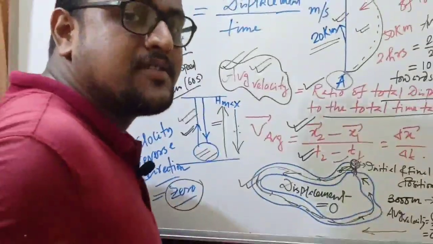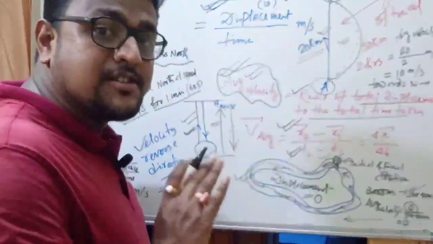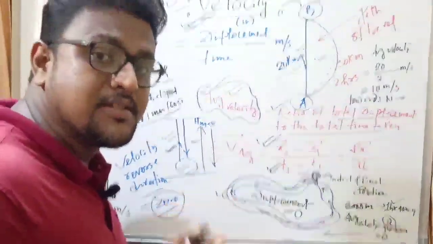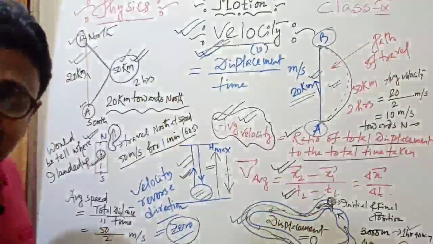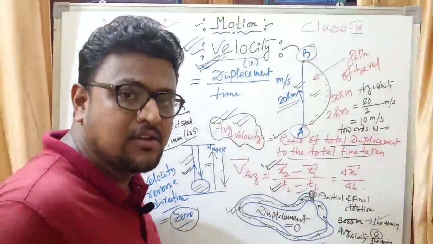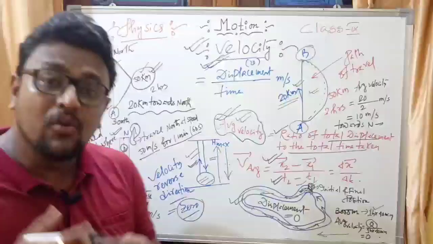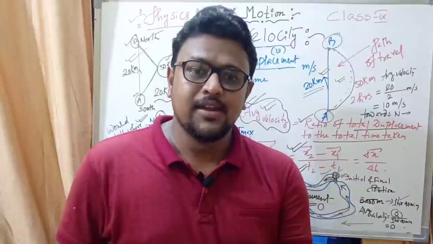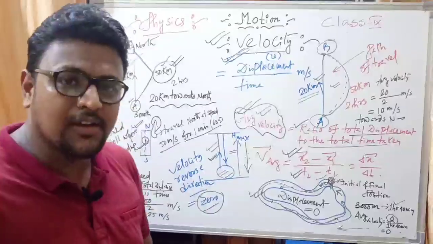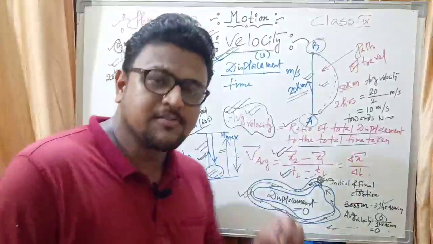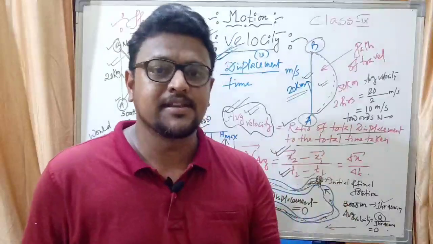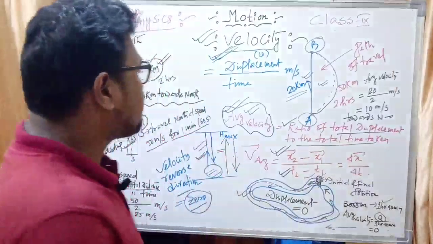But as distance cannot be 0, in the same way speed can never be 0. And as distance has no direction, it has only magnitude, that's why distance is a scalar quantity as well as speed is also called a scalar quantity.